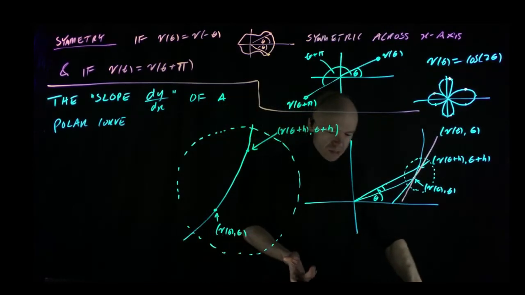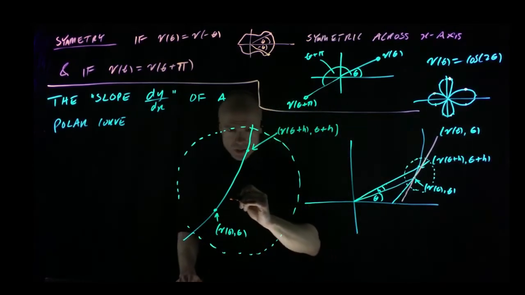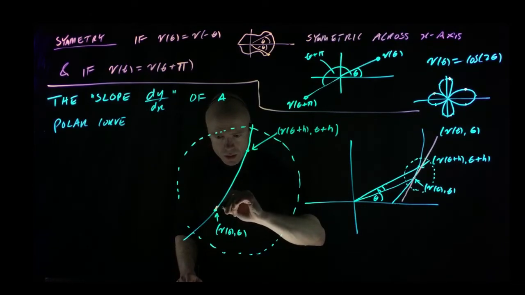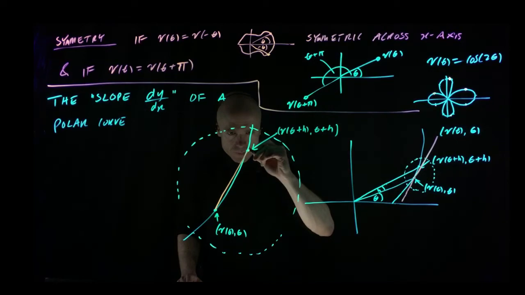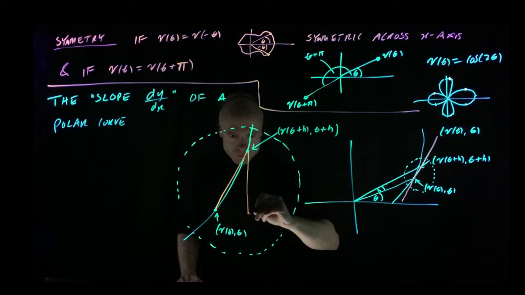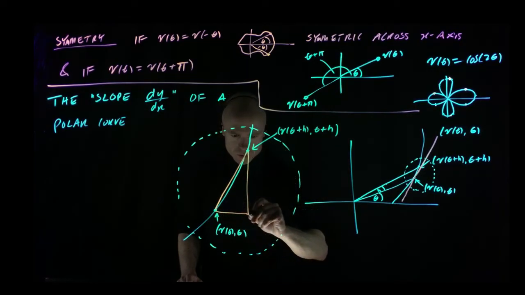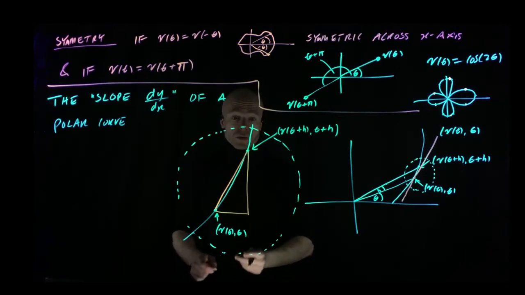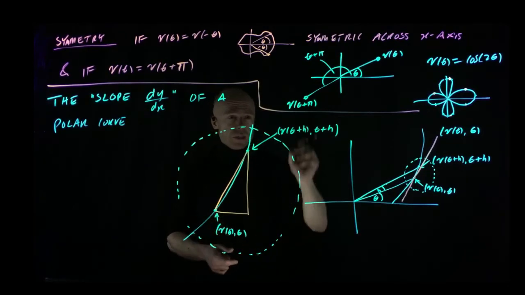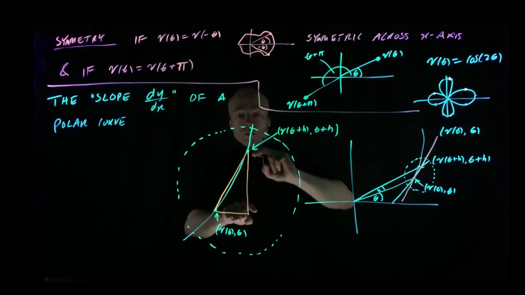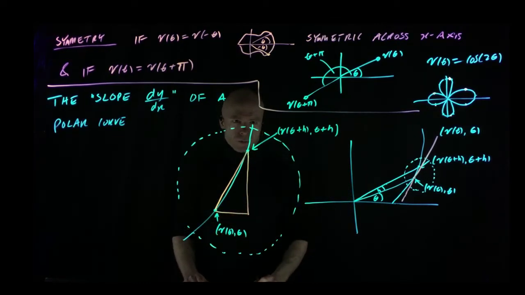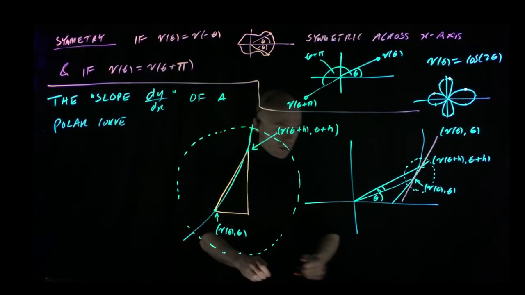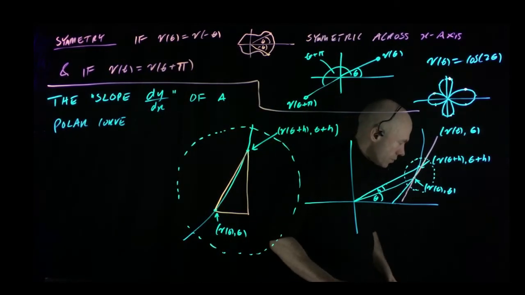So what could we possibly do for that? We just have to connect these guys and make a right angle triangle like this. And then the slope is the limit as h goes to 0 of this divided by this: how far up we go divided by how far along.